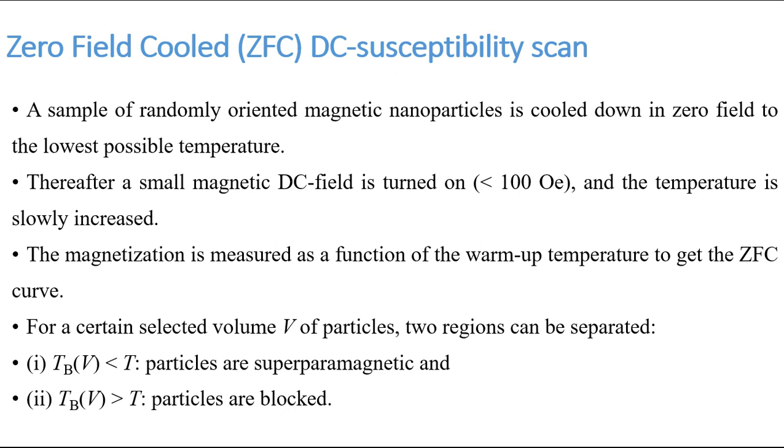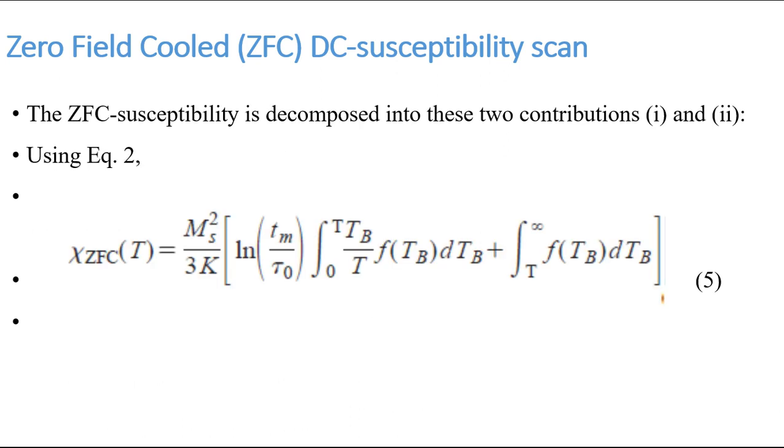So for a certain selected volume of particles, there can be two regions separated, as I understood from the previous lecture. If the temperature is above TB, the particles will be in the superparamagnetic state, and if the temperature is less than TB, the particles will be in the blocked state.